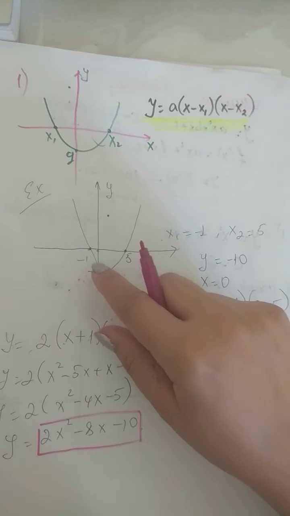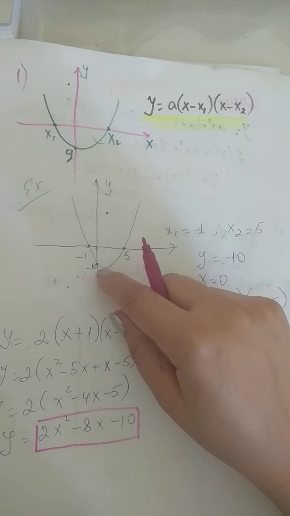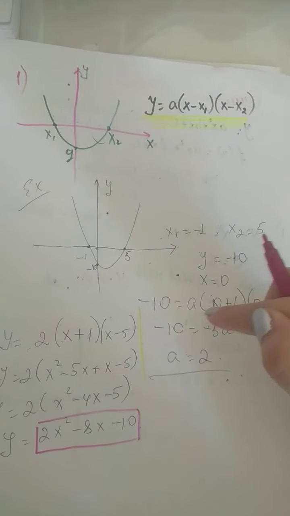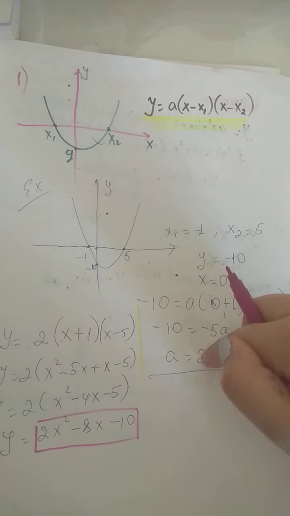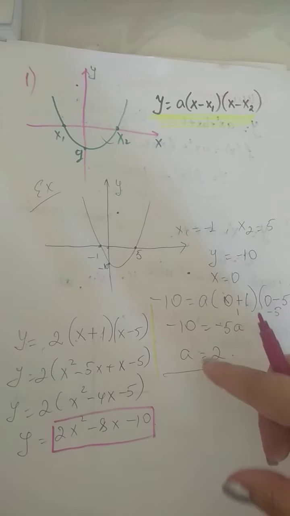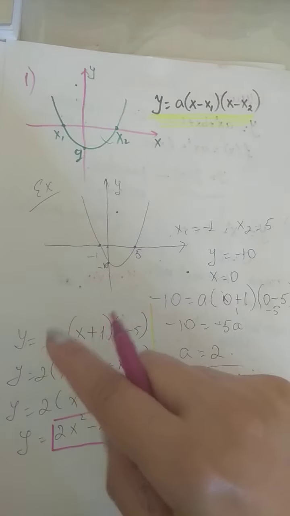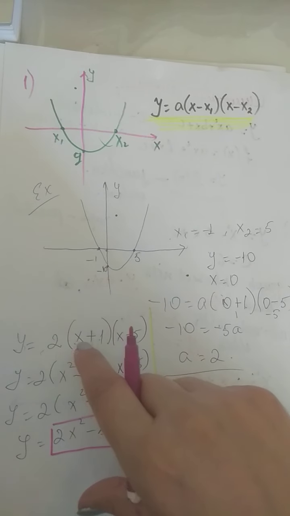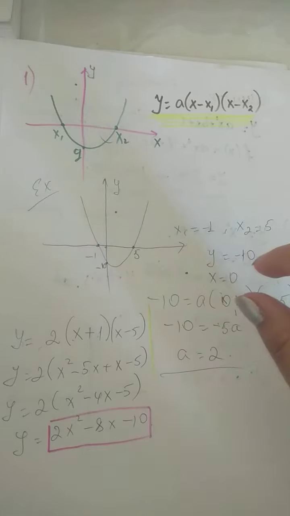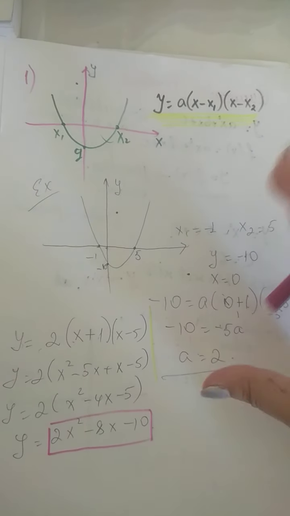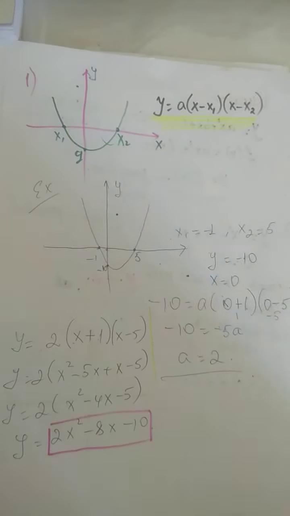For the y, take the y-intercept, and at that point take 0 for x, okay? Then substitute, find the value of a, and at the end, just substitute your a into your formula, but skip x, and put the values of x1 and x2, then expand your bracket and simplify to get the final answer for the graph, okay? So that's it.